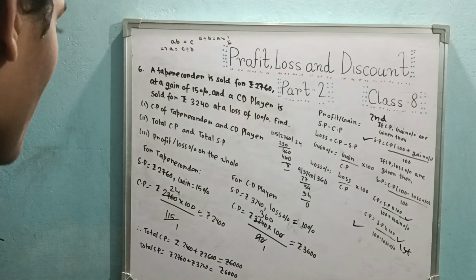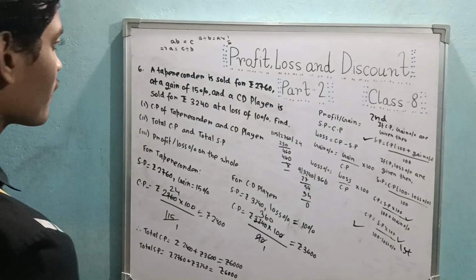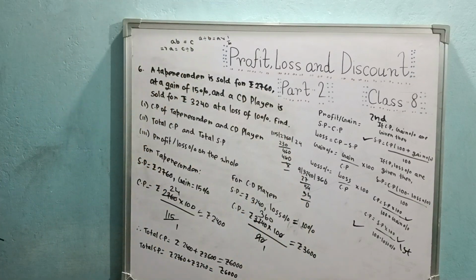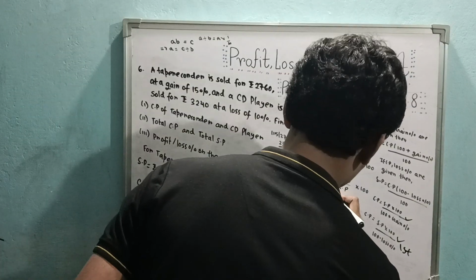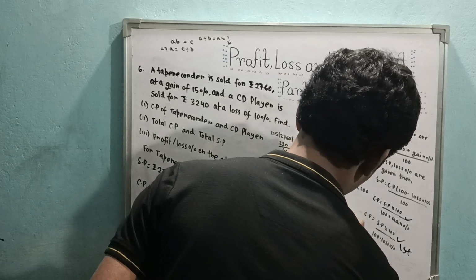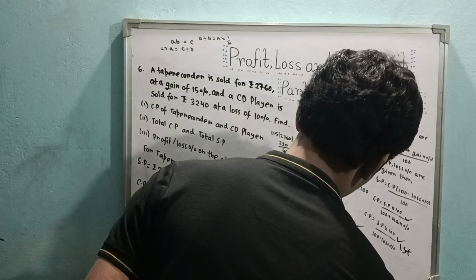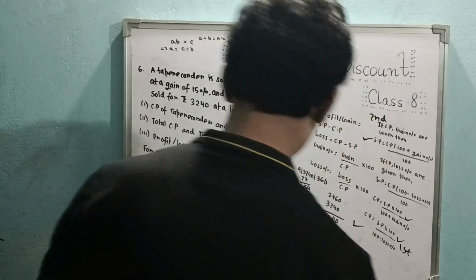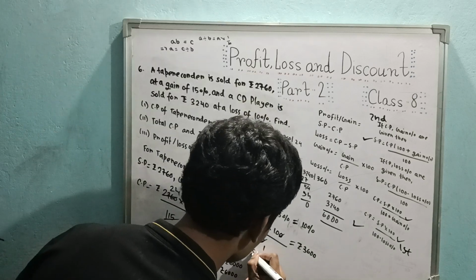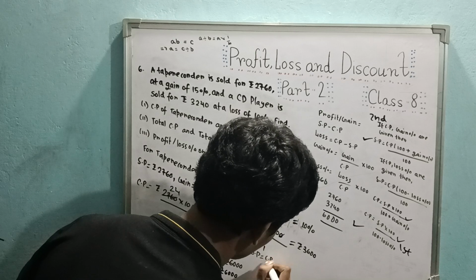And total SP, if I just calculate, is 2760 plus 3240. We just add these two up as well. One in hand, one in hand. I don't see any mistake in this. So what is happening here is SP equal to CP.